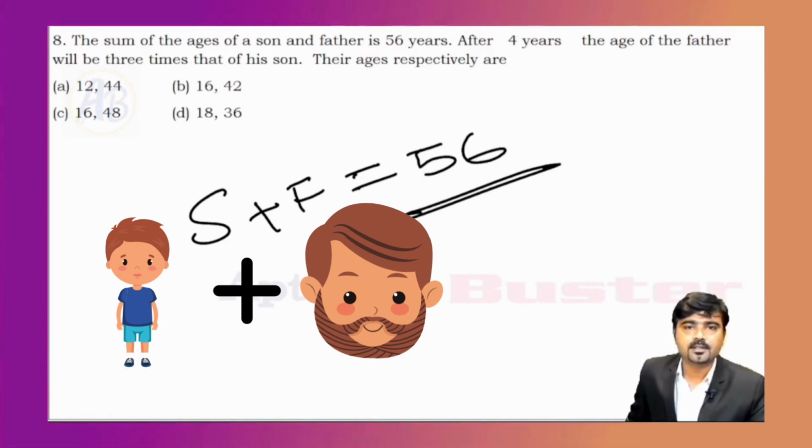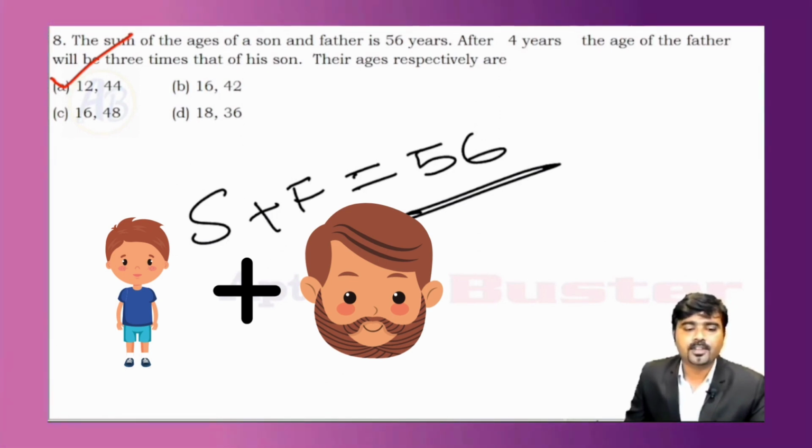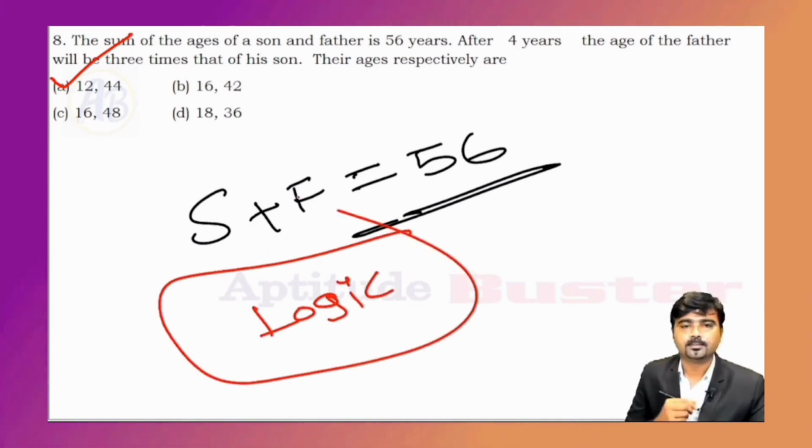Which satisfies this condition? Only the first answer choice, 12,44, sums to 56, right? That only satisfies the condition. That should be the correct answer. No need to calculate s plus f equal to 56 equations. When the answer choices are given, just use simple logic to find out the answer. Okay.